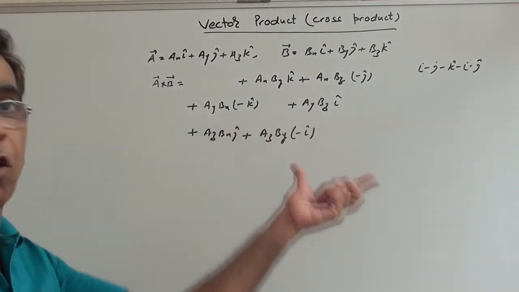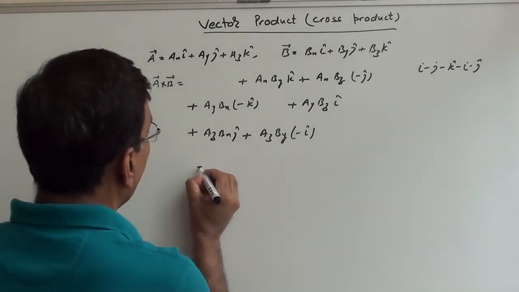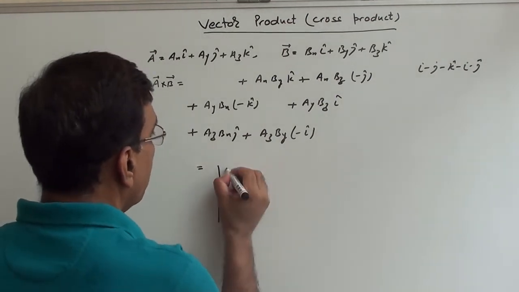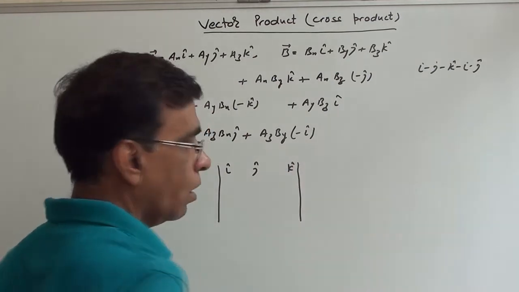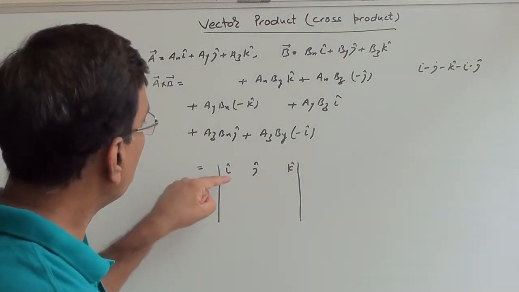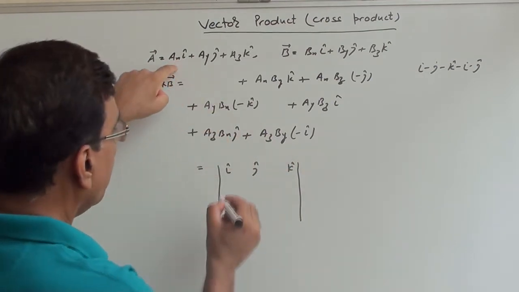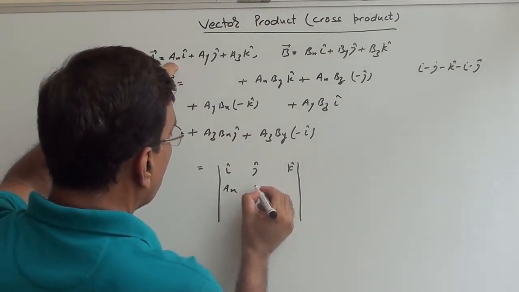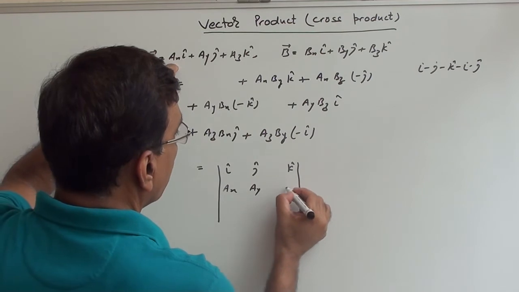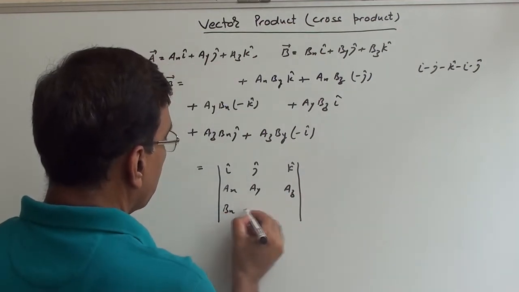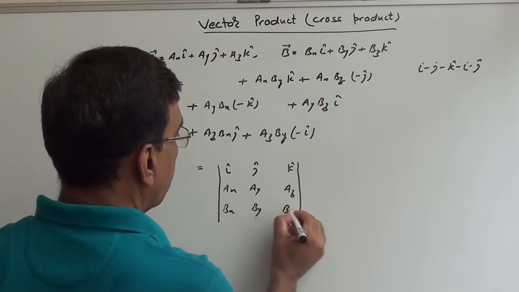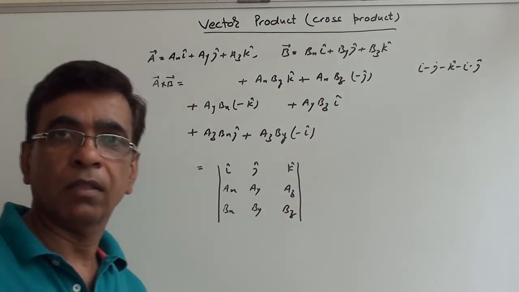There's a particular way of writing this. We call it determinant: I, J, K, write all components of first vector, write all components of second vector.